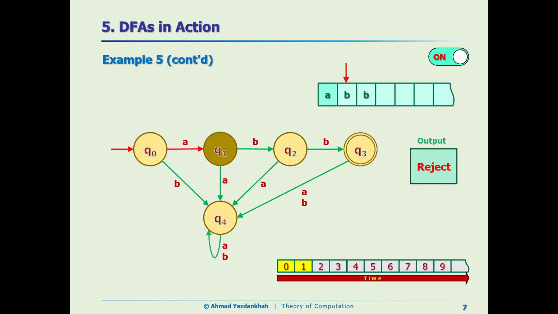Okay, so now we are on time frame 1, and the head is pointing to this B. The same thing happens. This symbol will be read and sent to the transition graph. The transition graph makes a decision, this way or this way. Since it is B, based on this design, it goes this way.